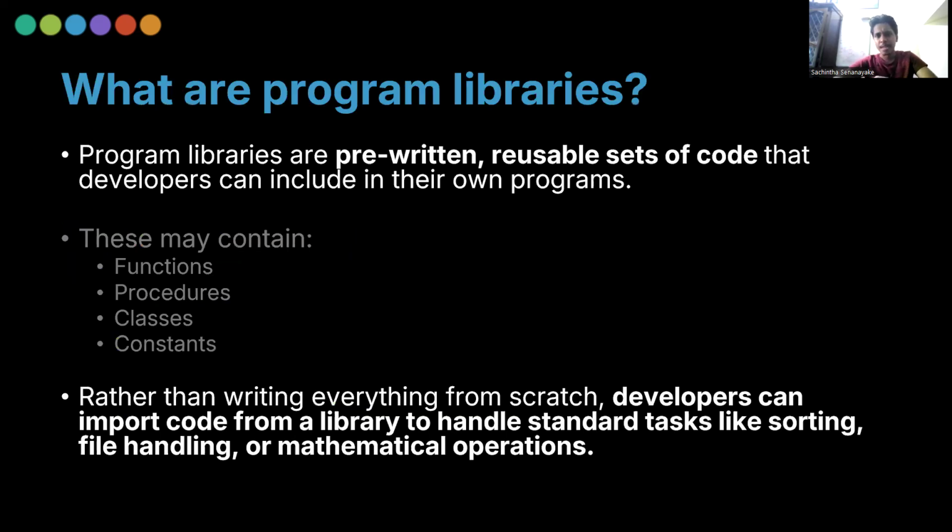What are program libraries? First of all, when you write programs in Python, C++, Java, whatever language you prefer, you may encounter a situation where you import code that someone else has written. What does that mean? A perfect example of this is in Python.